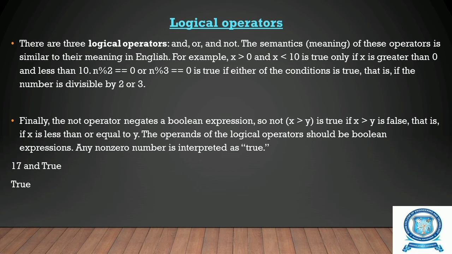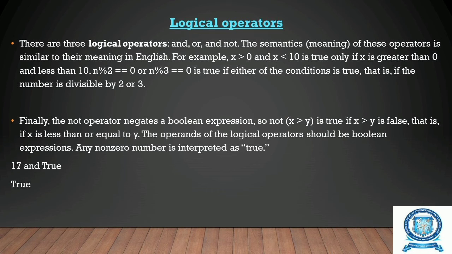So AND acts as a conjunction like in normal English. Both these things have to become true. In the case of n modulo 2 equal to 0 or n modulo 3 equal to 0, it is true if either condition is true, that is if the number is divisible by 2 or 3.